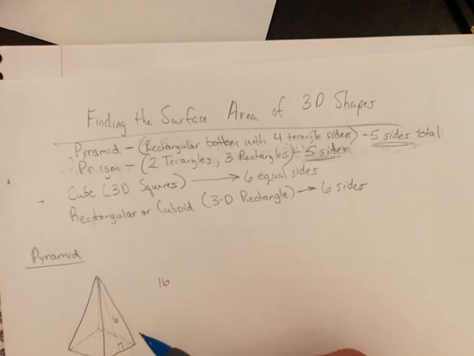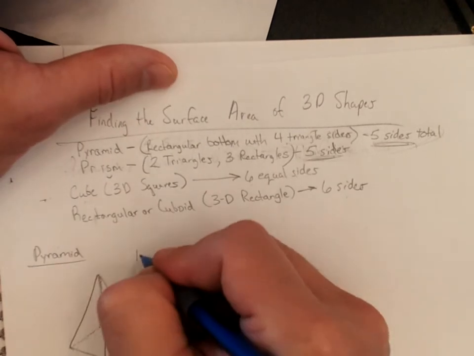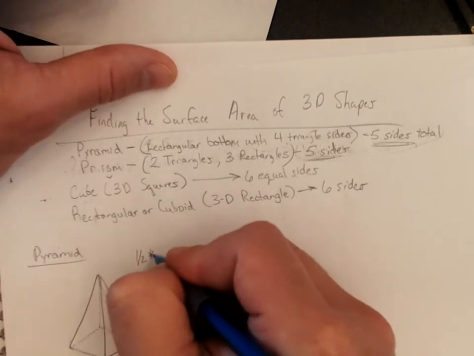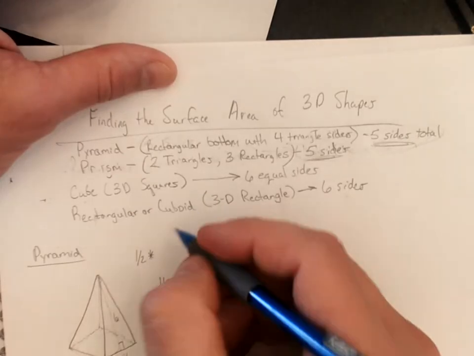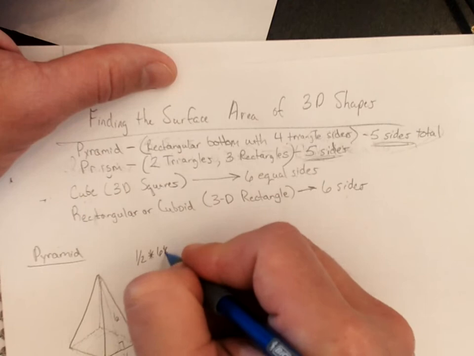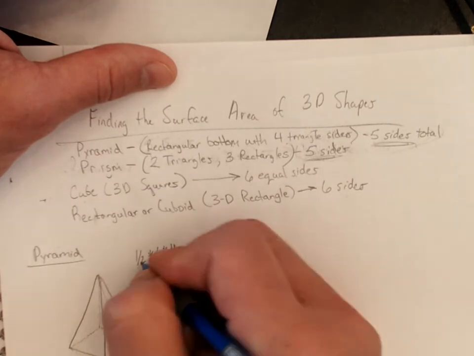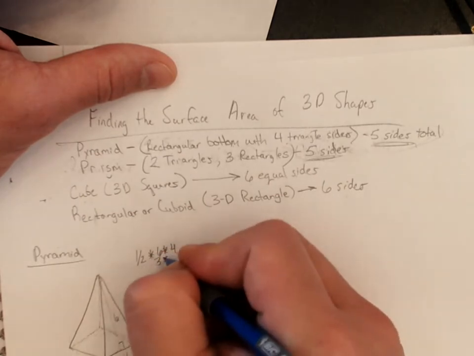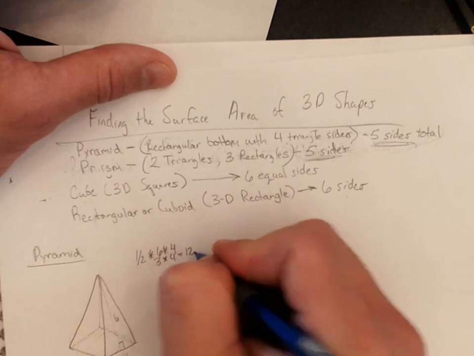So 3 times 4 would be 12. Or you could say half the base, which is 4. Half of 4 is 2, times 6 is 12. So just to take you through that thought, half of 6, which is 3, times 4, equals 12.